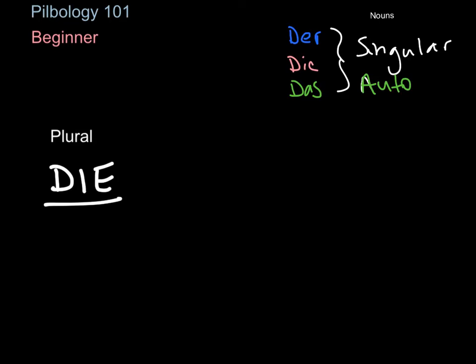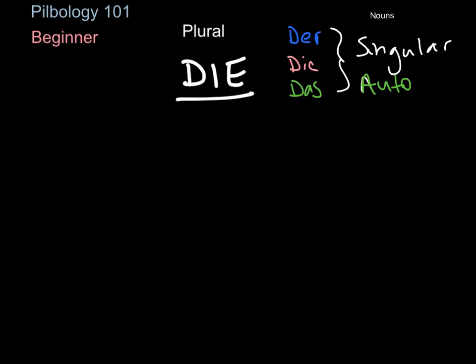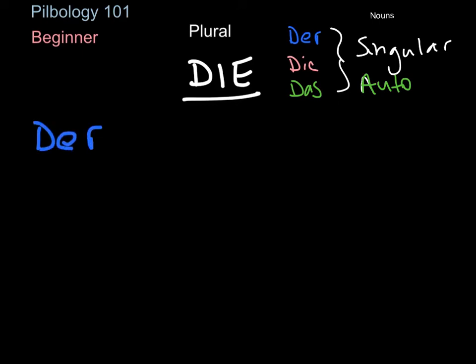So let's start from the beginning, where we started before, which was with masculine. Okay, so masculine nouns. This is a general rule. There are always exceptions to every rule in grammar, but this is a fairly good idea of how to form the plural.